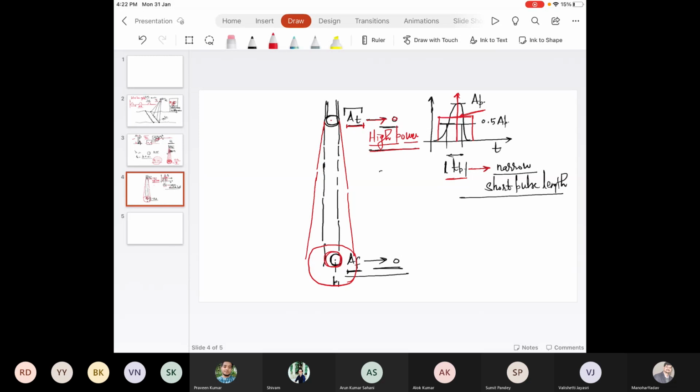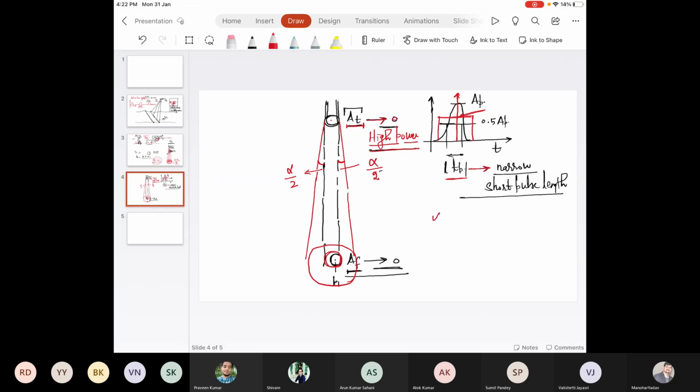Now the second is this angle alpha. Let's say this is alpha by 2, and again this is alpha by 2. So this is a diffraction angle.